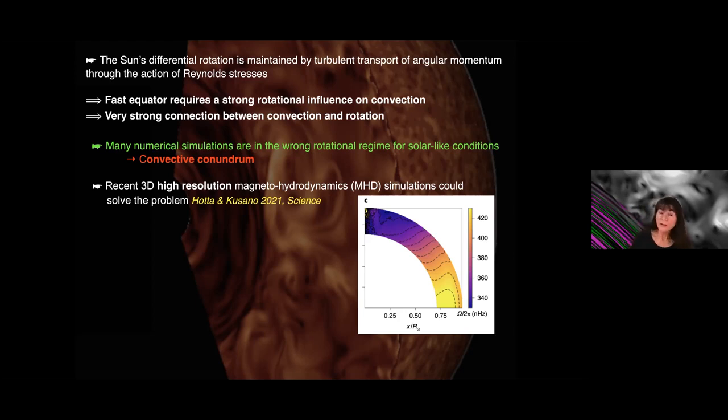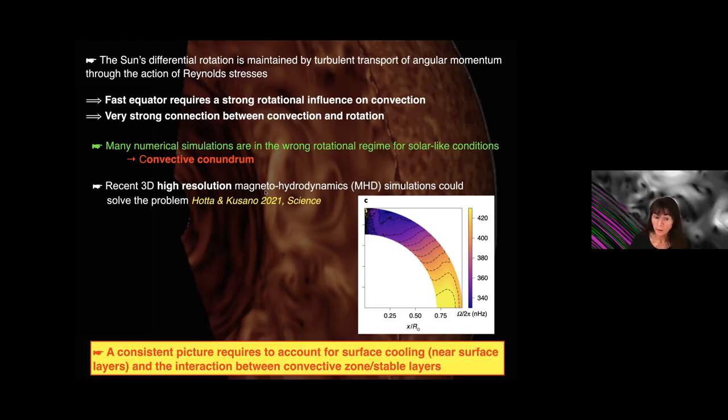But recently, there have been high-resolution 3D MHD magnetohydrodynamic simulations by Hotta and Kusano, in a recent paper in Science, where the problem could be solved thanks to this high-resolution 3D MHD simulation. I know there is a lot of discussion about those simulations and whether this is indeed the right way or not. I think this needs to be confirmed and followed up.